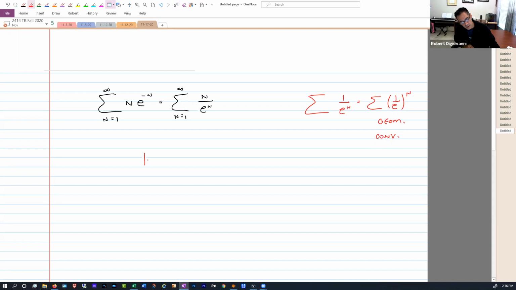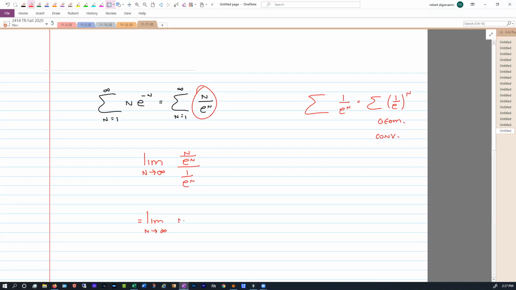Now if I try the limit comparison test, I'm taking the limit as n goes to infinity of this one right here, and I'm going to divide it by the other one. Then I'm going to do a little algebra. Flip it, and when I flip it, don't the e to the n's cancel? And all I'm left with is n. And what does that go to? Infinity.